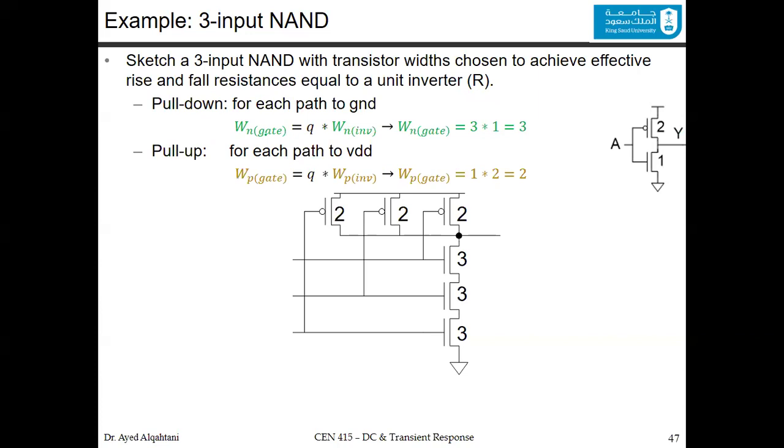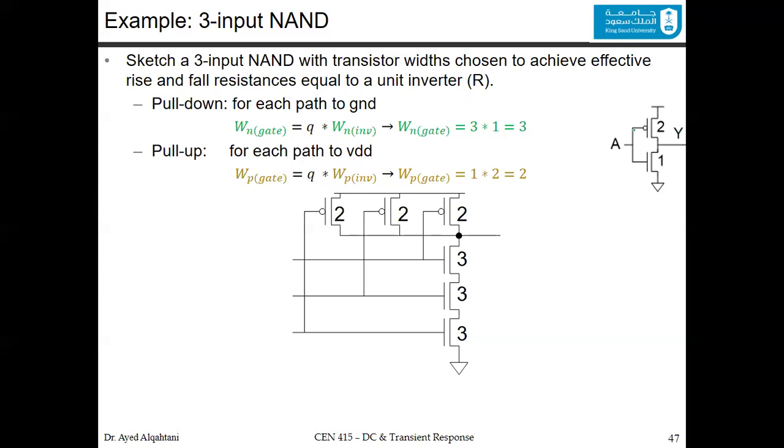So the Wn is Q times Wn of the inverter, which is, Q now is 3 times the Wn, which is 1. 3 times 1 is equal to 3. This is what we have, 3, 3, 3, in the pull down. For the pull up, we say, again, we have only 1 to the VDD. So Q over Q is 1 here.